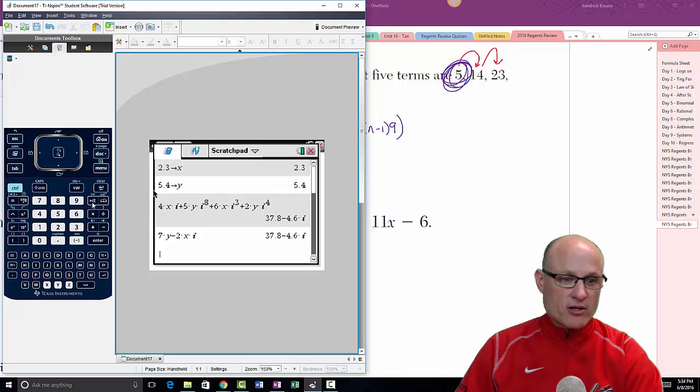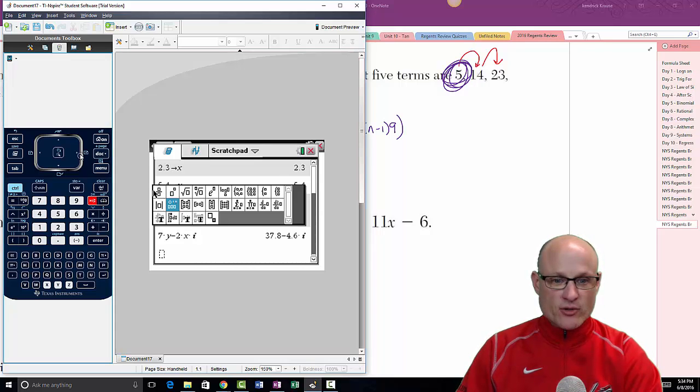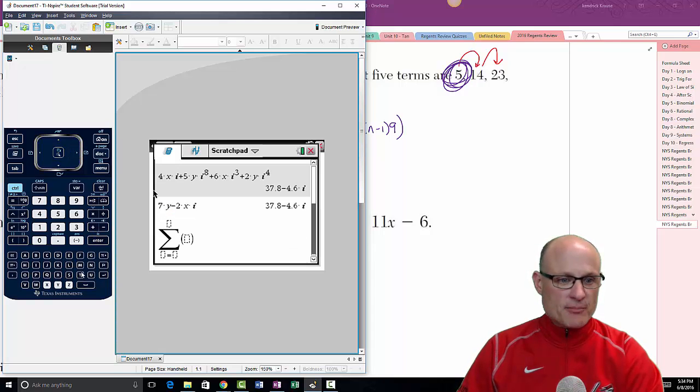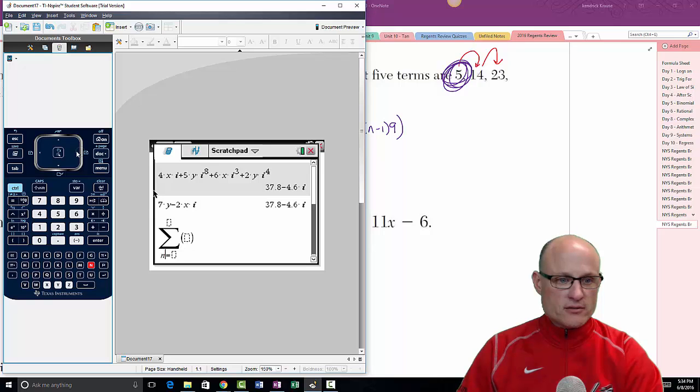So I come over here to my calculator. By the way, the sigma's right here in this crazy button above the times. Hit that one. I'm going to use n, 1, 20. And then don't mess with these parentheses.